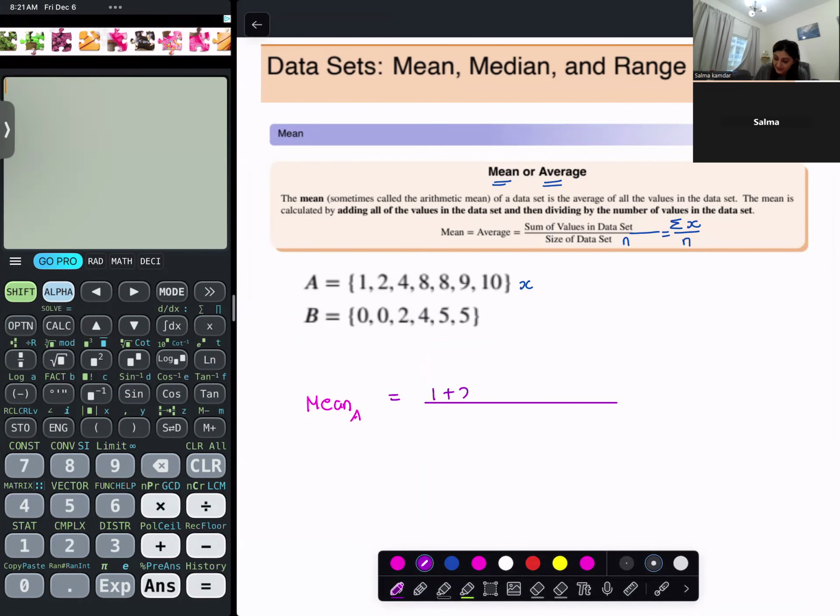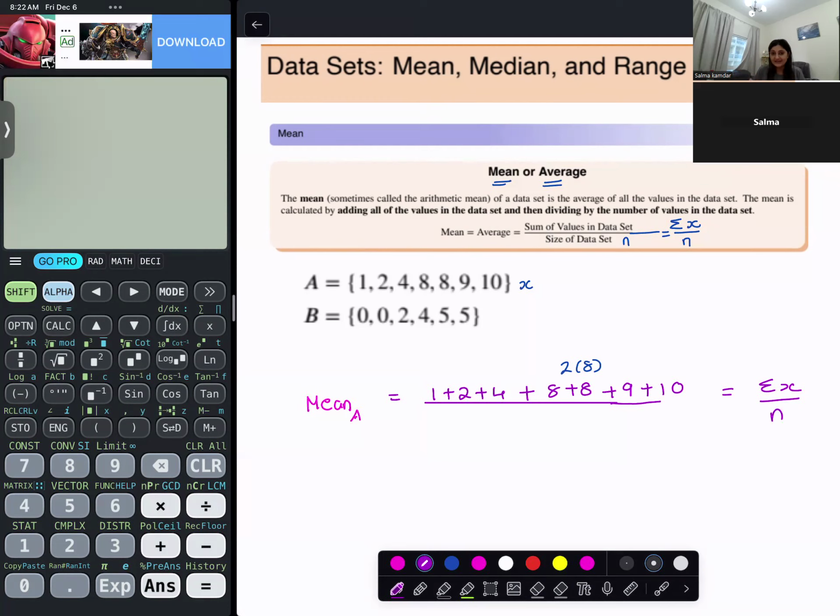It would be 1 plus 2 plus 4 plus 8 plus 8, or alternatively I can write 2 times 8, plus 9 plus 10. These are the observations. So this would be summation x over the number of values, or the size of the data set. So this is 1, 2, 3, 4, 5, 6, 7. So it is 7 observations.